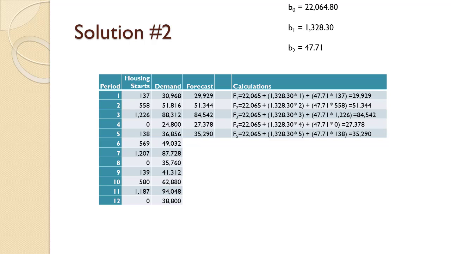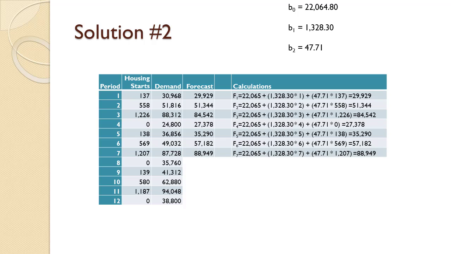F5 equals 22,064.8 plus 1,328.3 times 5 plus 47.71 times 138 equals 35,290. F6 equals 22,064.8 plus 1,328.3 times 6 plus 47.71 times 569 equals 57,182.